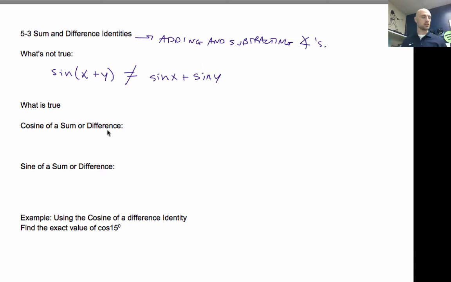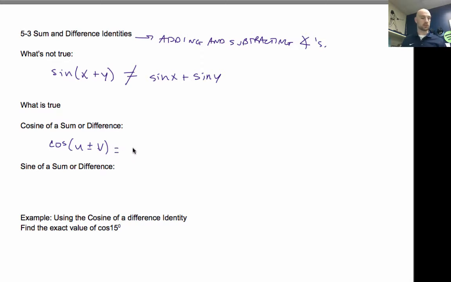But here's what is true. The cosine of a sum or difference: if I have the cosine of two angles that are added or subtracted, and those should be a u and a v because they're different angles. We'll talk about the double angle identities tomorrow maybe, or the next day, I can't remember. So two different angles, u plus v.